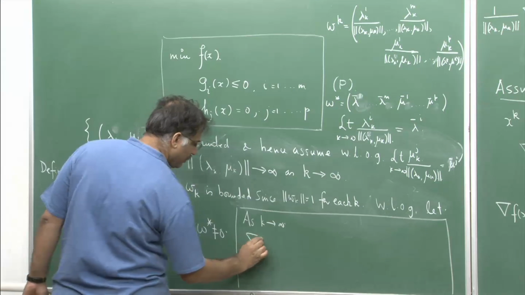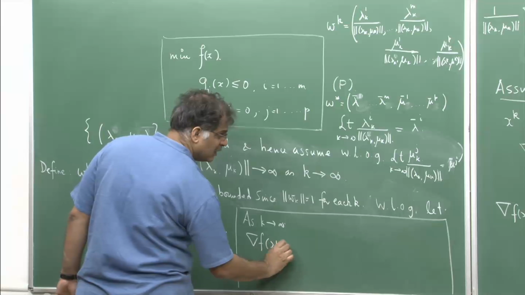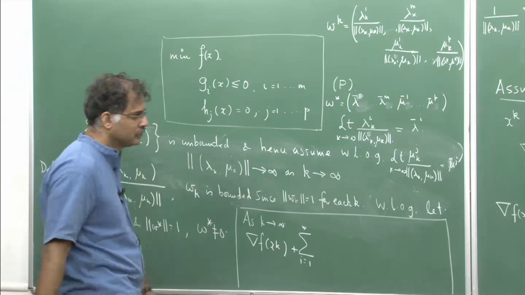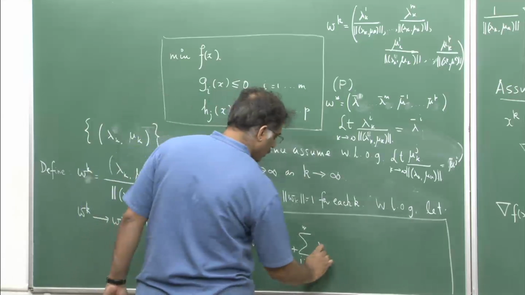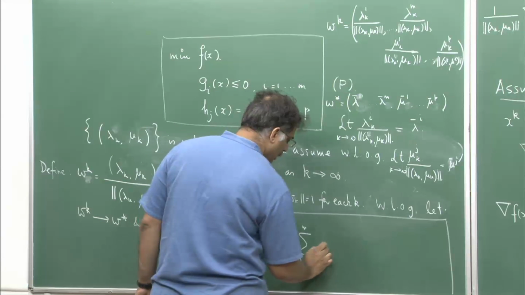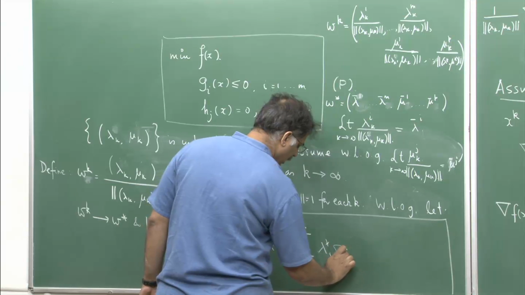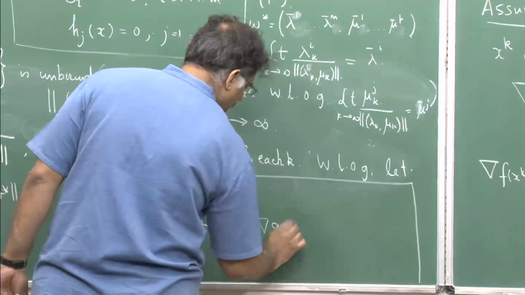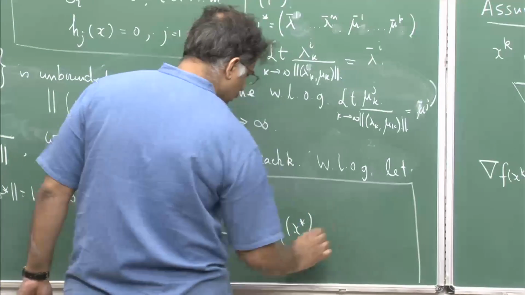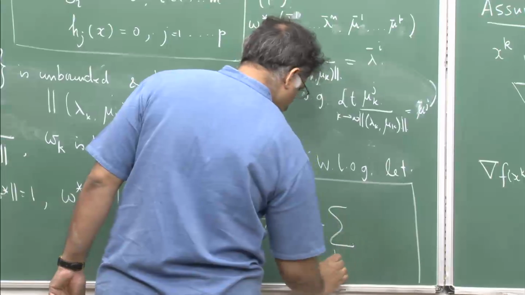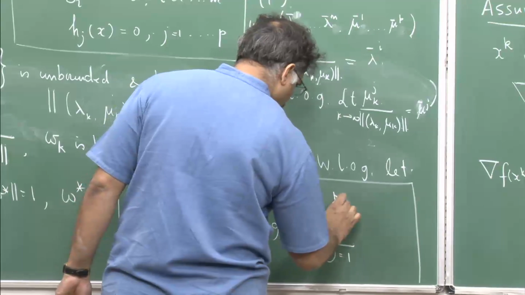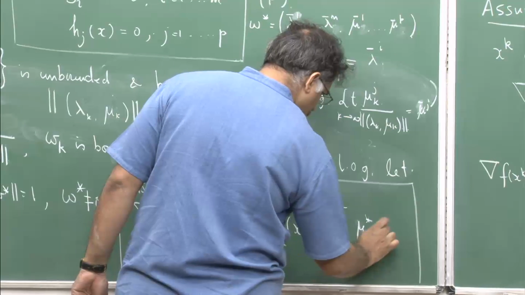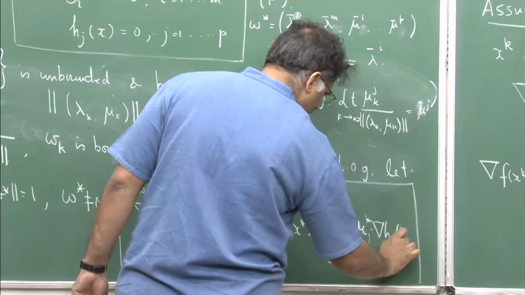We get grad of f x k plus summation I equal to 1 to m lambda star I grad g I x star, now this will become x star because x k is going to x star, plus summation j equal to 1 to p mu star j grad h j x star is 0.